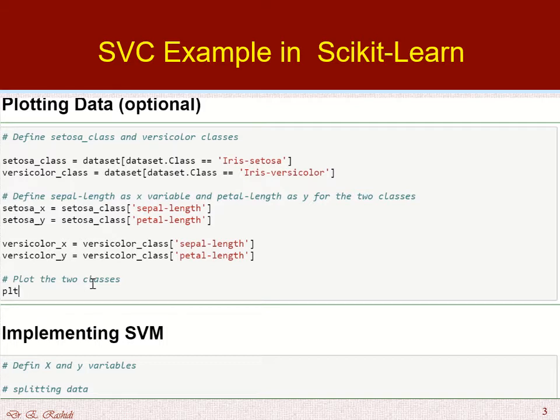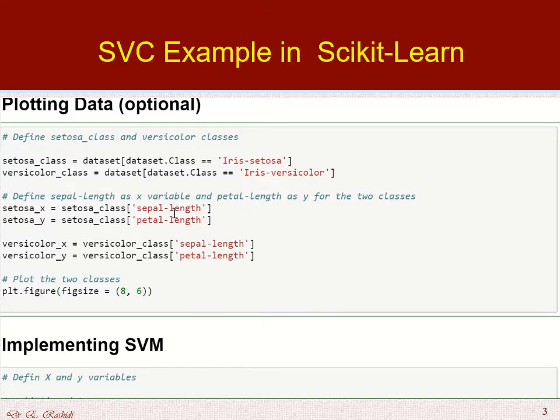PLT figure, we want to specify the figure size here, for example, 8 and 6. And then we want to also specify the type and color of marker. We want to have a scatter plot.